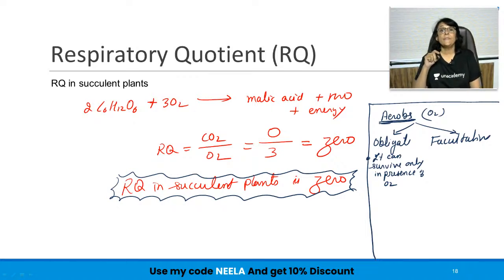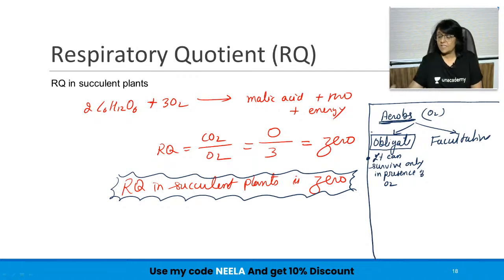This means that if oxygen is not there, obligate aerobes will die. Is this part clear? Oxygen is a must. They will survive in presence of oxygen only.